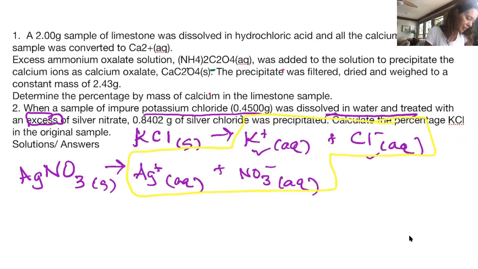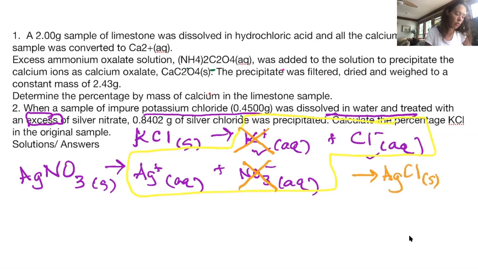Well, group 1A metals, such as potassium, are always soluble, so it will not precipitate out. Nitrates are always soluble, so it will not precipitate out. But what happened was the silver chloride precipitated out because it is an insoluble compound.